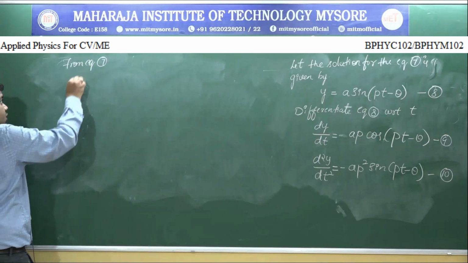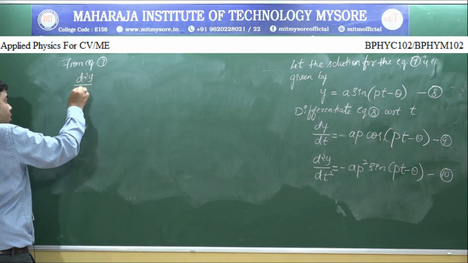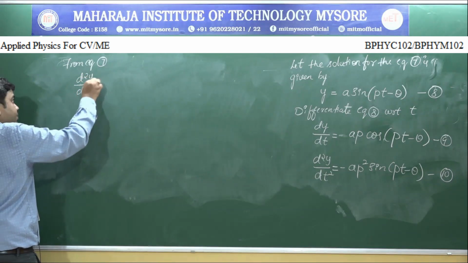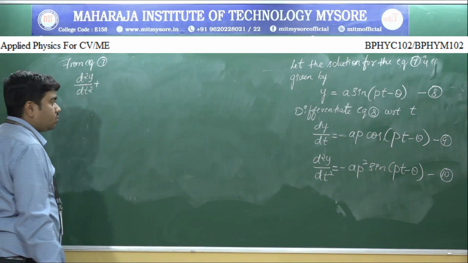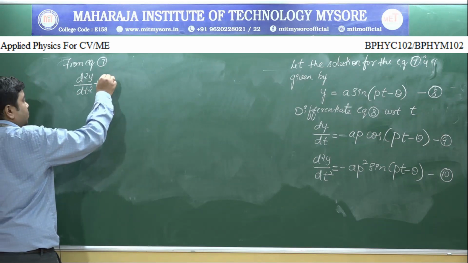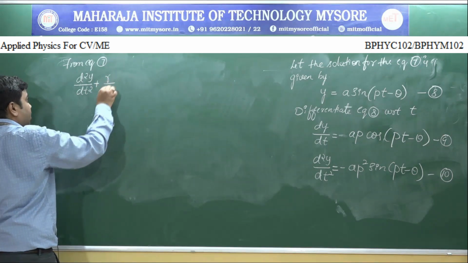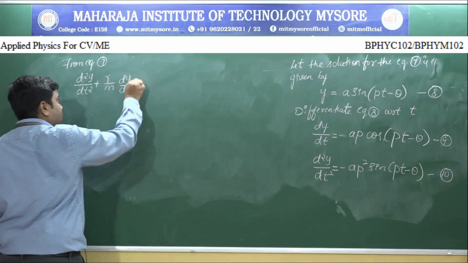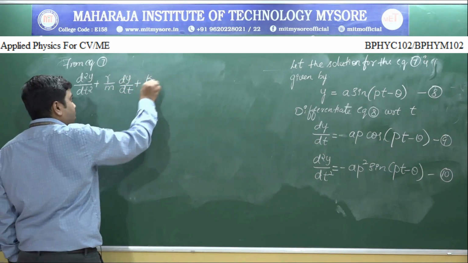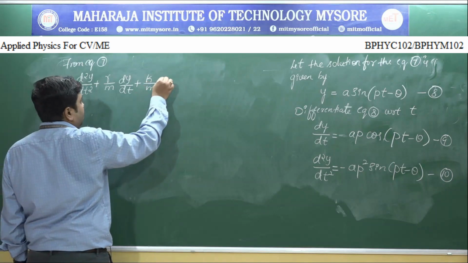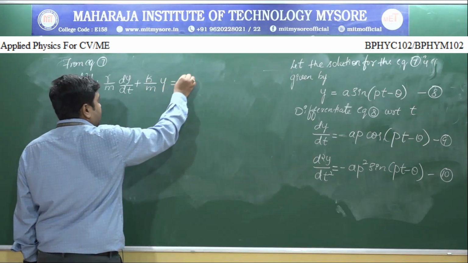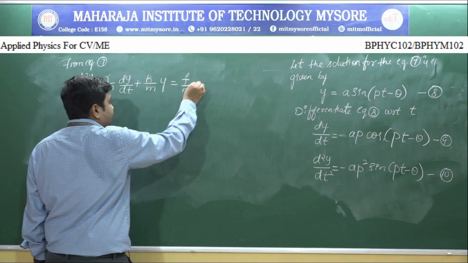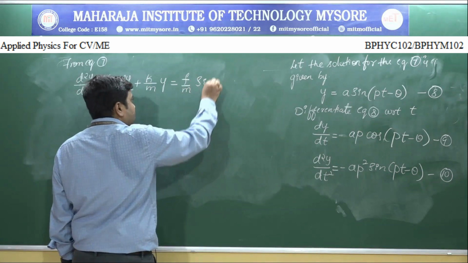So, we have equation 7 as d square y by dt square plus r by m into dy by dt plus k by m into y is equal to f by m sin pt.